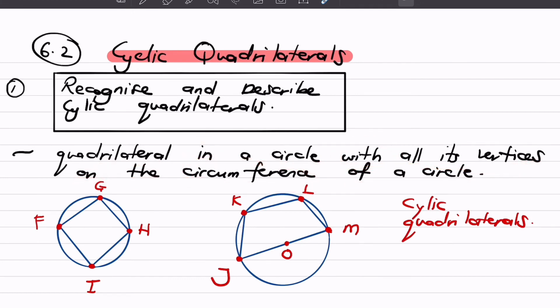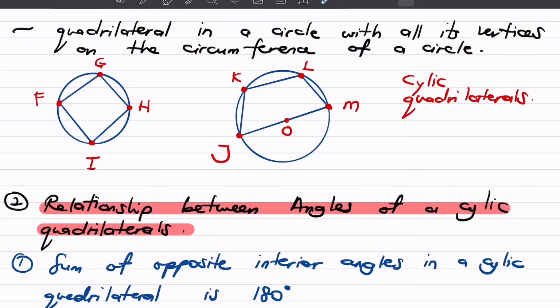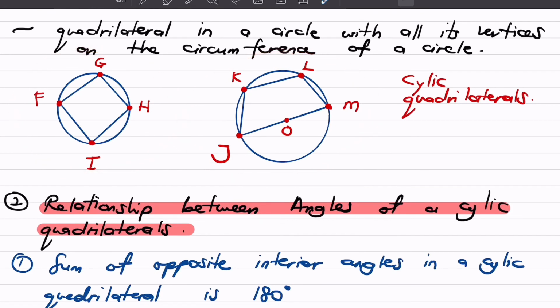That is the theory part. To make you understand more, look at the figure that I've drawn for you. All these points which touch the circumference of the circle make a cyclic quadrilateral. All its vertices must touch the circumference of the circle, then only it is called a cyclic quadrilateral. If not, it is not.